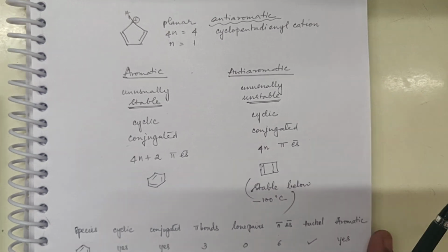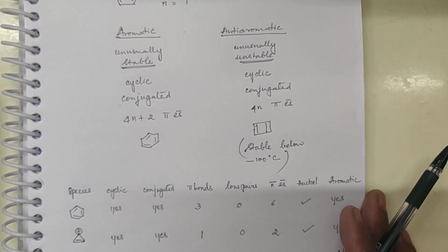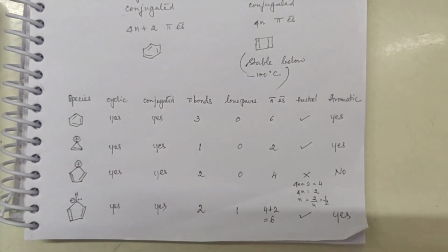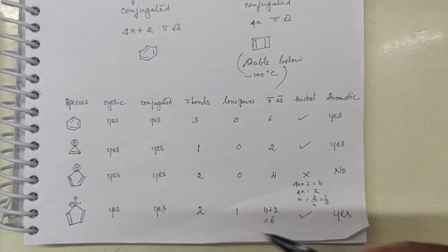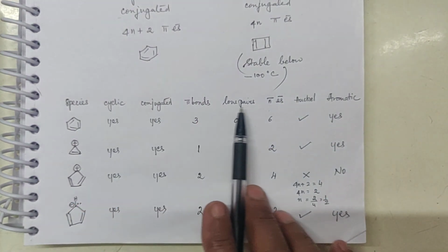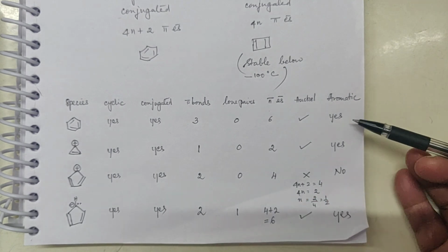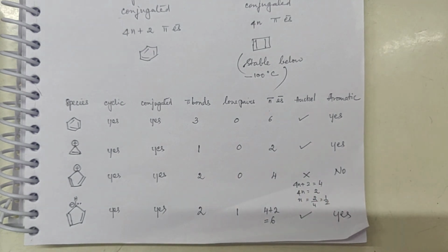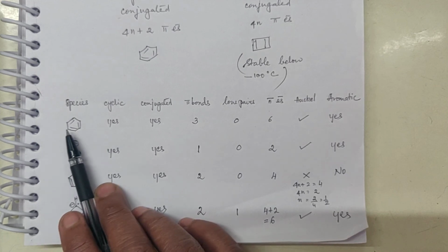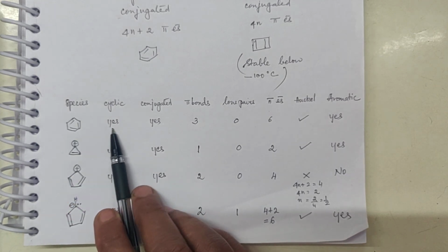Okay. Now there is an interesting way to identify this which I found. Now see whether you are able to follow. Here I have taken the species. So I am just entering all these things to find out whether the substance is aromatic or not. Now here the substance is cyclic.